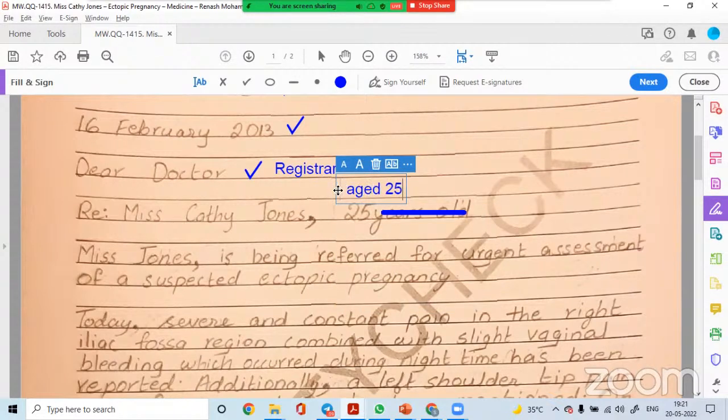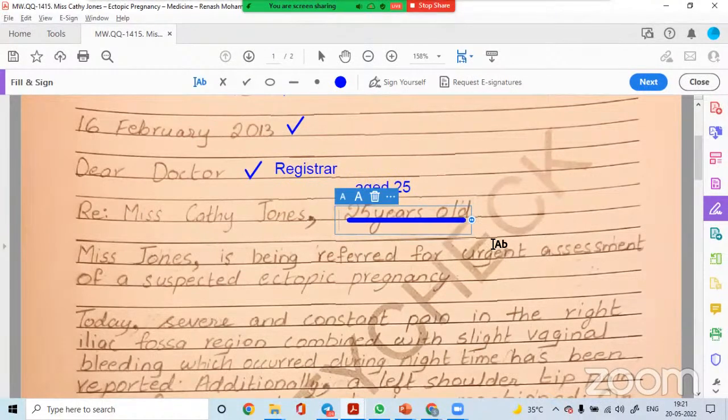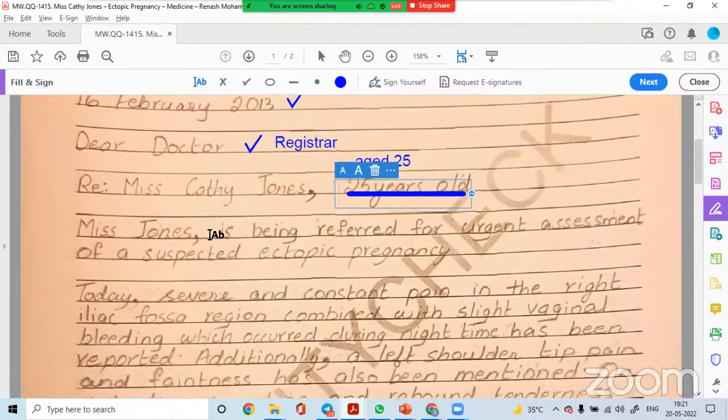So you remove all these things and just say aged 25. This is better. Aged 25. Miss Jones is being referred for urgent assessment of a suspected ectopic pregnancy. So why don't you improve this quality?